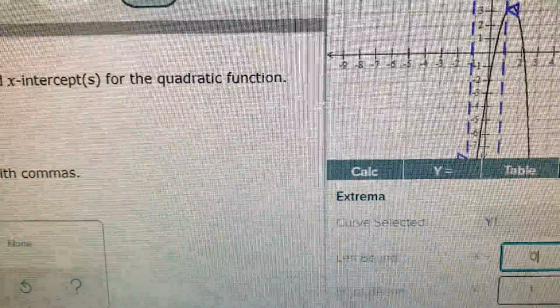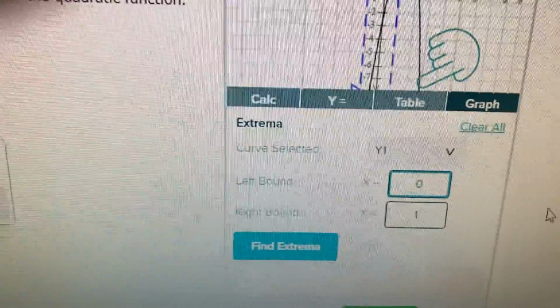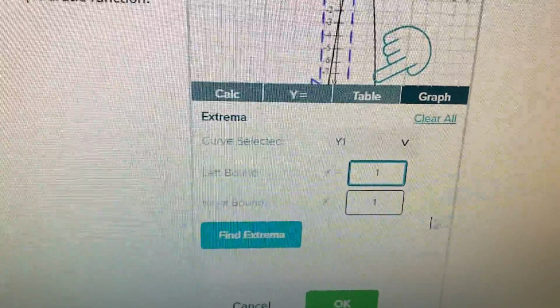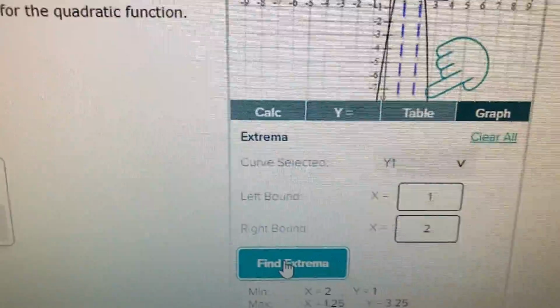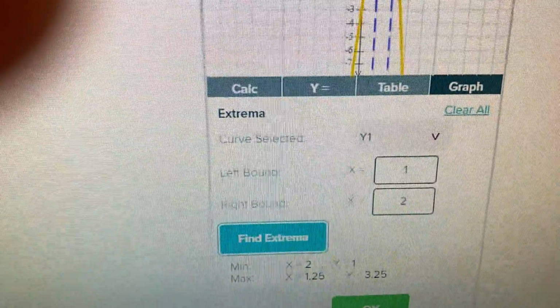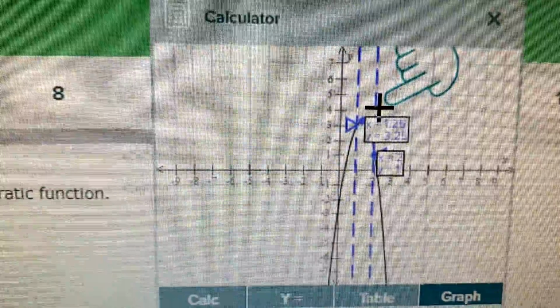Well, let's actually say maybe more 1, 2. That one's kind of a hard one. Let's try 1, 2. And look, right there, it pinpoints where your vertex is.